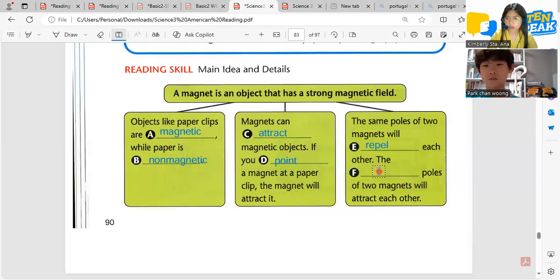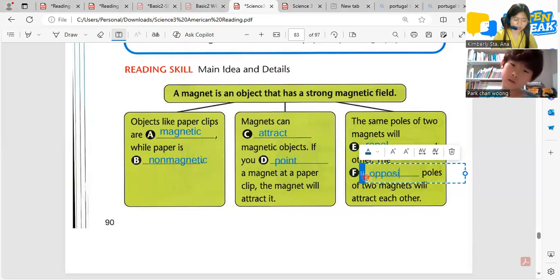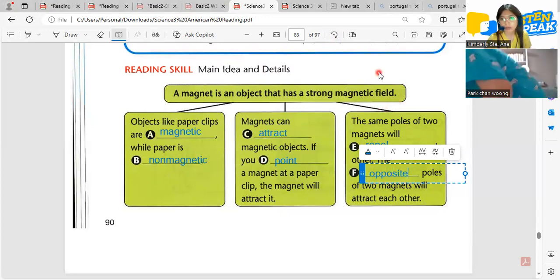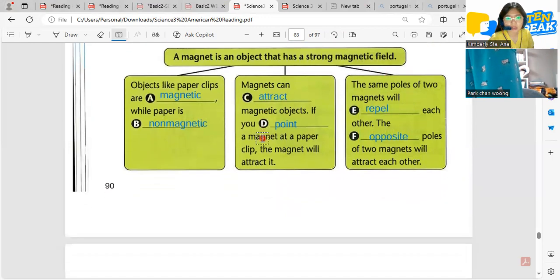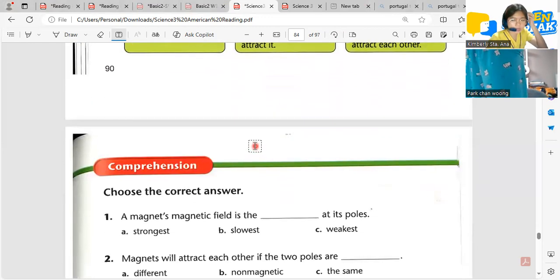The opposite poles will attract. Different is also correct, okay? It's just that we use the term opposite because they are two opposite poles. So that's a good job. You got all of the correct answers here.